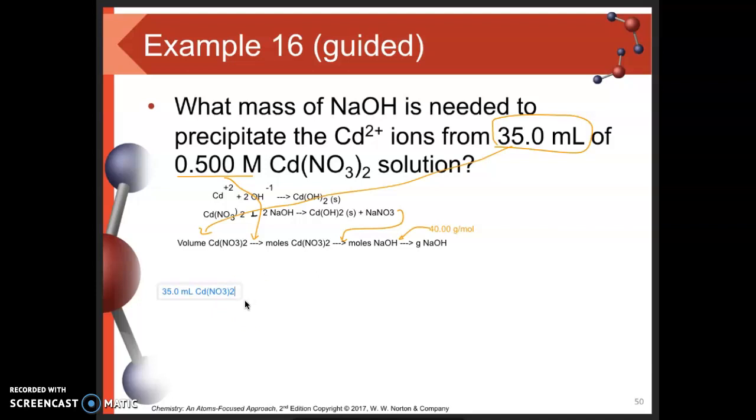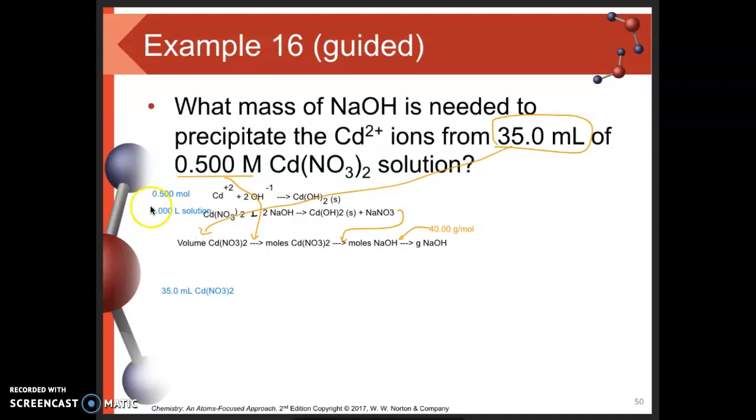Let's do the full conversion using dimensional analysis. How I can use dimensional analysis is again keeping in mind my definitions. 0.5 molar means that I have 0.500 moles of cadmium nitrate in every liter of solution.